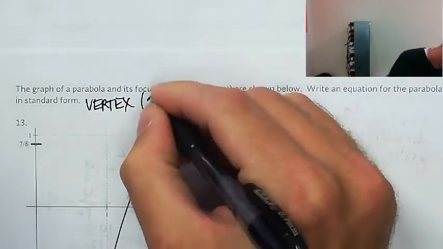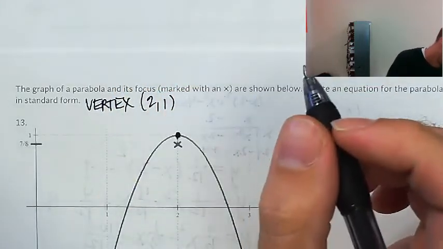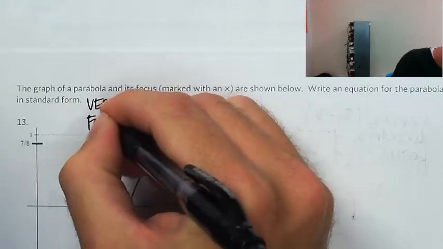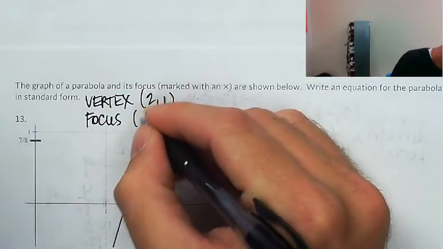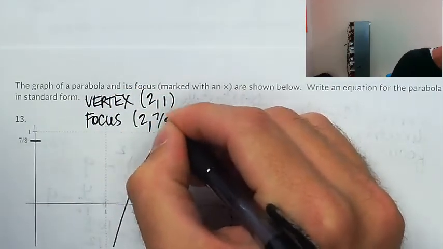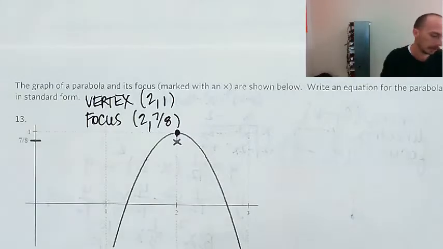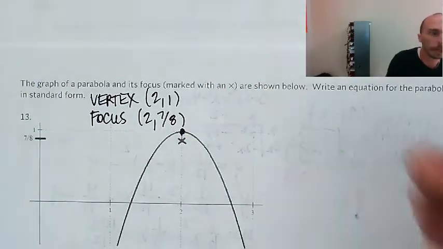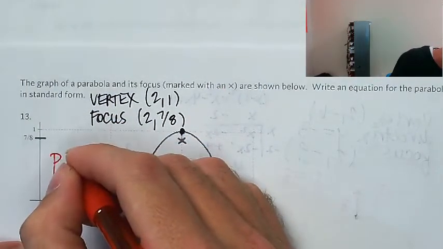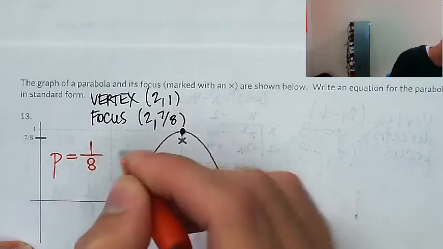That's x equals 2, y equals 1. The focus point appears to be x equals 2 and y equals 7/8. So I think the distance from the focus to the vertex is 1/8.